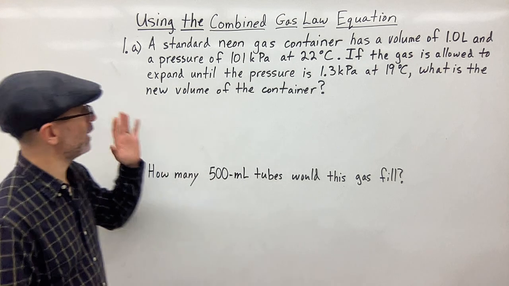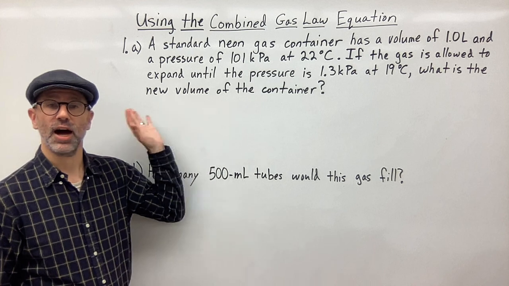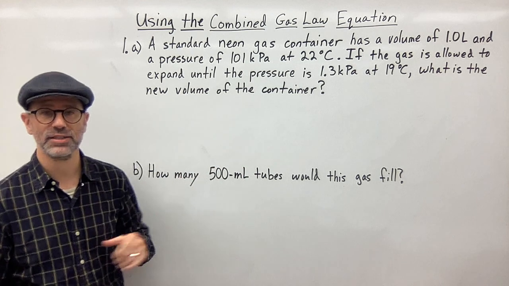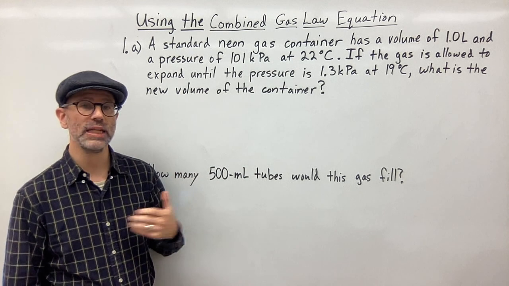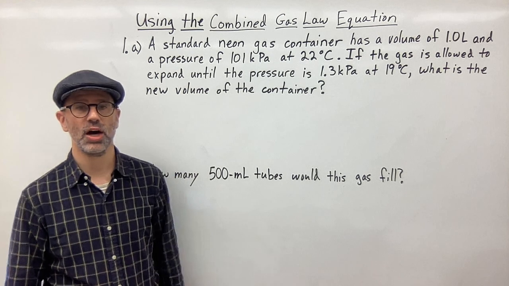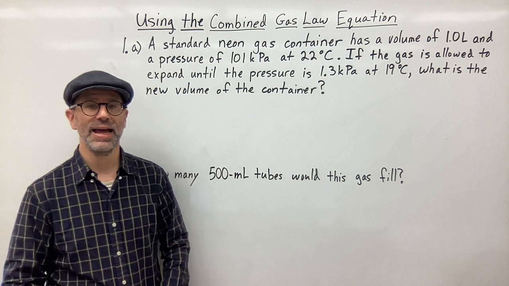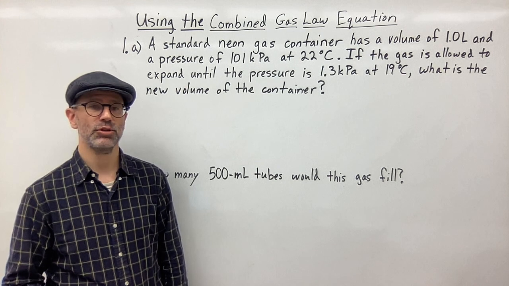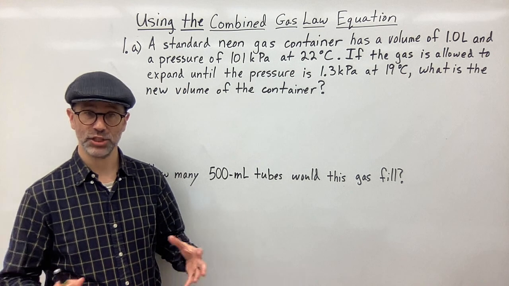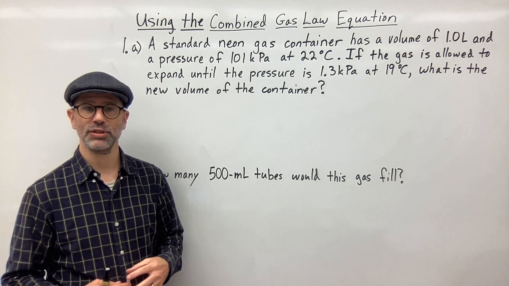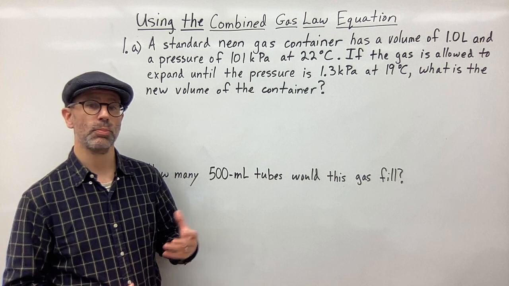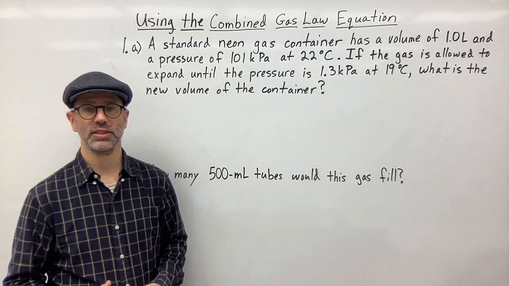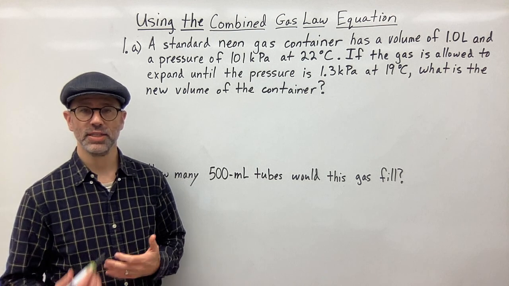So here we have a problem where you're getting some changes in the gas. It says a standard neon gas container has a volume of 1.0 liters and a pressure of 101 kilopascals at 22 degrees Celsius. If the gas is allowed to expand, right, so we're changing the gas, until the pressure is now 1.3 kilopascals at 19 degrees Celsius, then what is the new volume of the container, right?